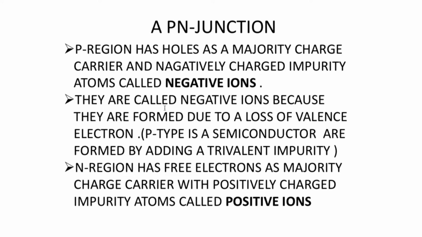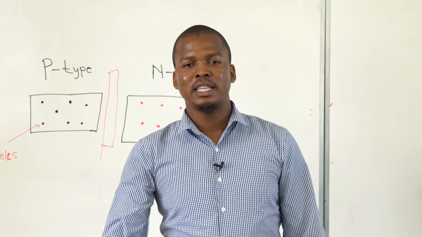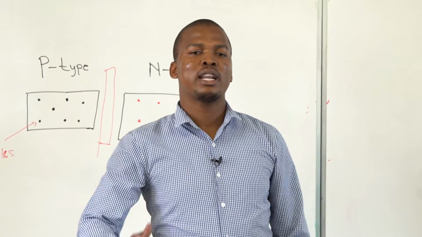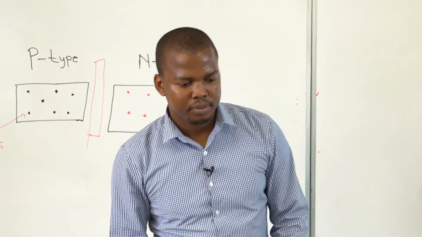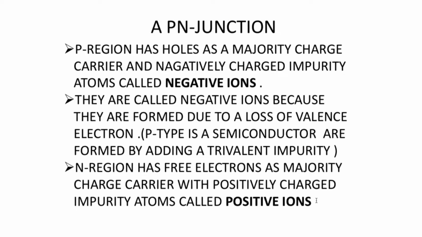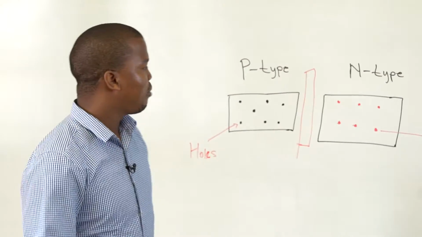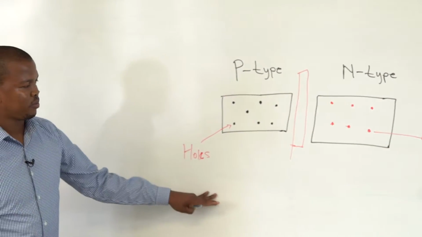The ions are called negative ions because they are formed due to a loss of a valence electron. If you can remember from our previous lesson, we explained what are valence electrons, what are covalent bonds. The N region has free electrons as majority charge carrier, and positively charged impurity atoms called positive ions. This is the demonstration that I am reading from the slide now.